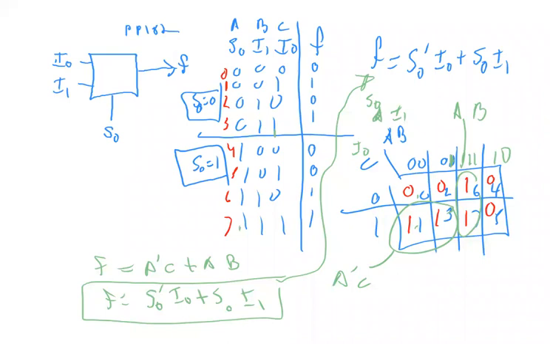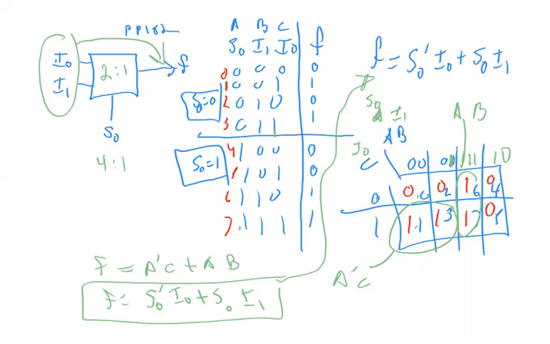I think what I'll do is I'll build a 2-input multiplexer. We'll call this a 2-to-1, because there's 2 inputs, which give us 1 output. What I really want to do is increase it to a 4-to-1.